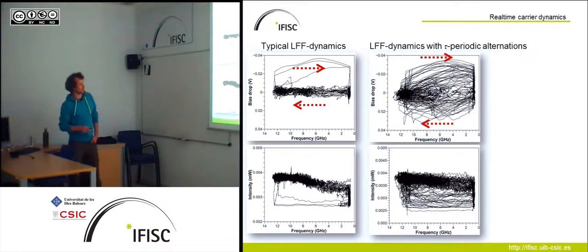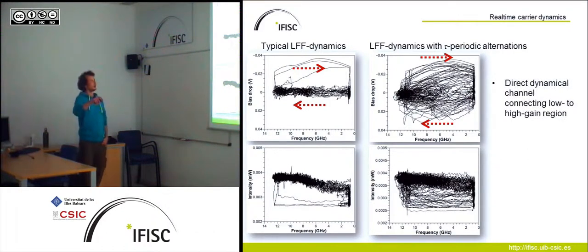If you now look here, the biggest difference is really in the bias drop which we observe. And what we think we see here is a direct channel which was not observed before, because before there was a connection from the high gain region to the solitary laser mode just using this dropout going clockwise and going to a lower bias drop, so higher carrier inversion.